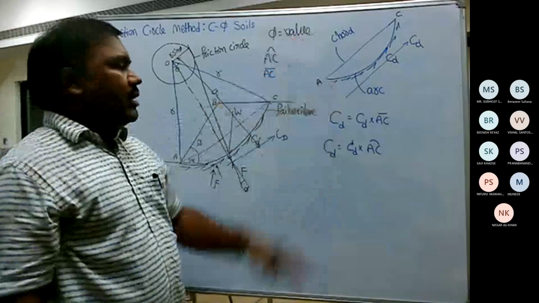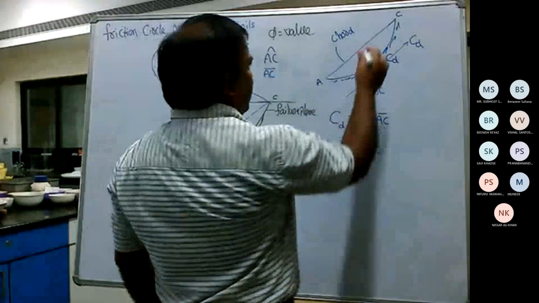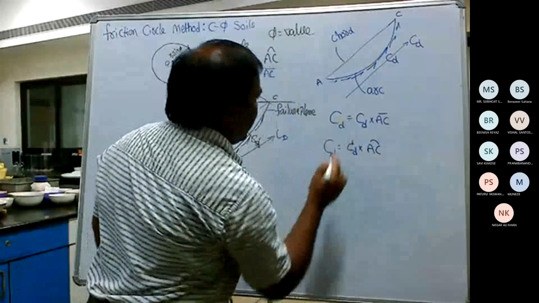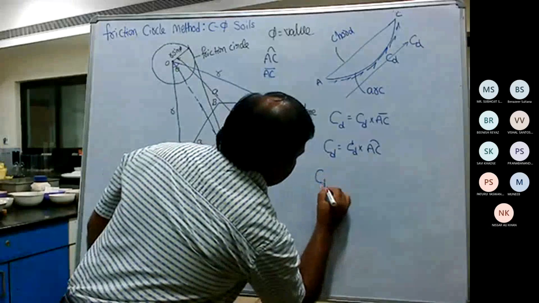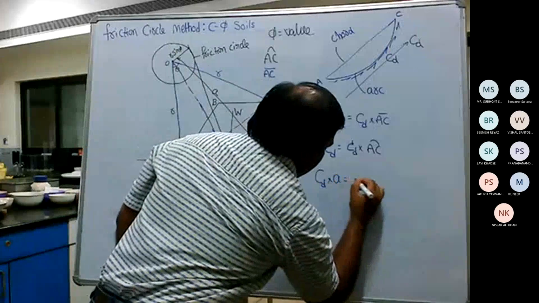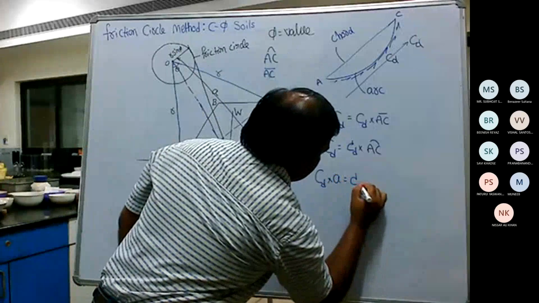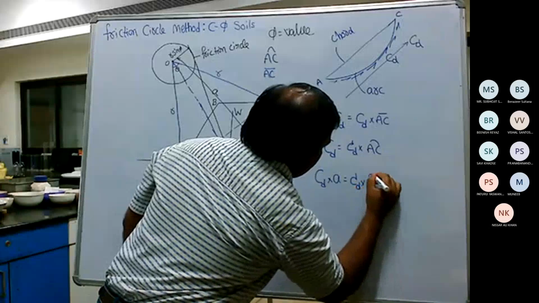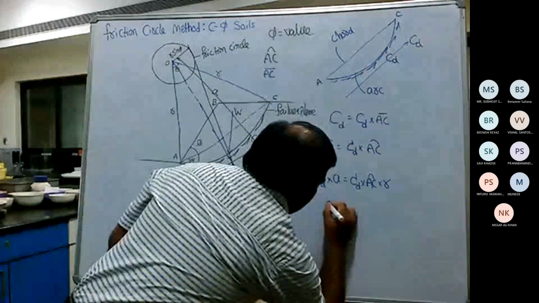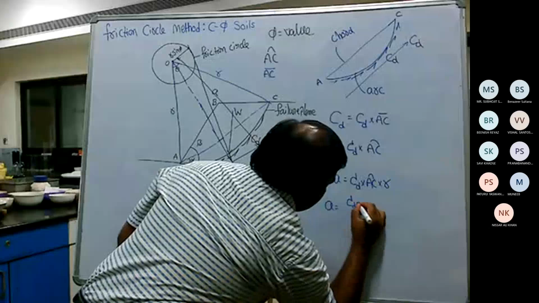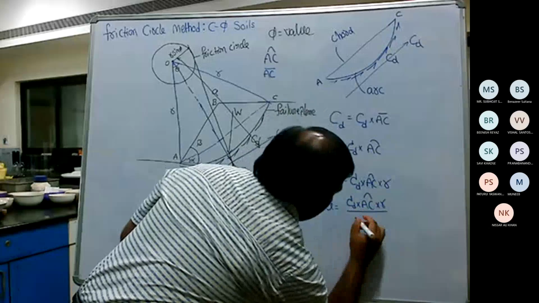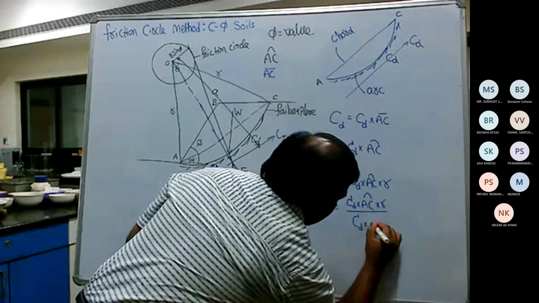Okay, now if you take the moment equilibrium and equate, it can be written as capital CD into A, the distance of the resultant, equals small cd multiplied by the arc length multiplied by R. So A can be determined as small cd into the arc length multiplied by R, divided by capital CD, which can again be written as small cd multiplied by the chord length AC.